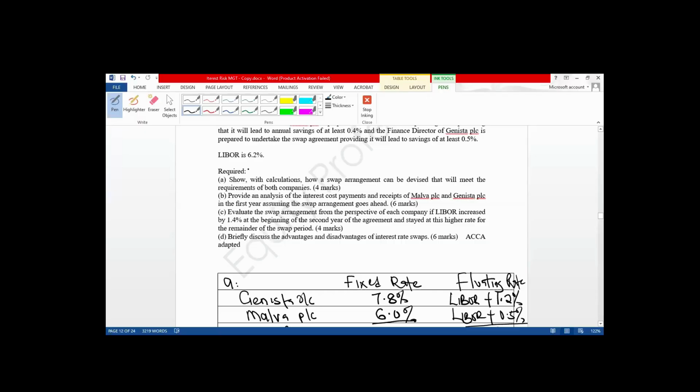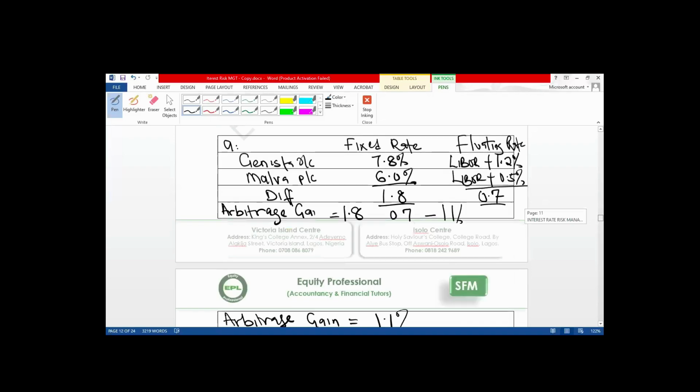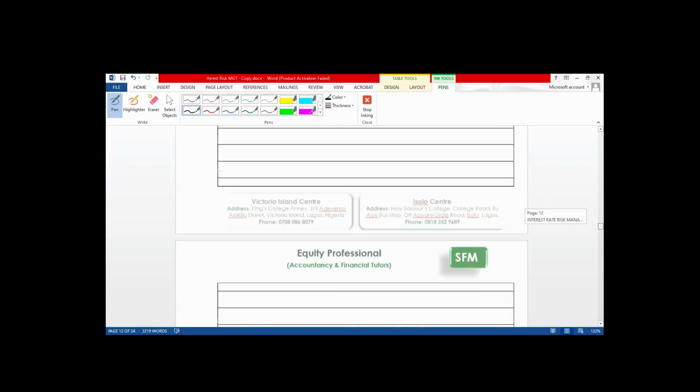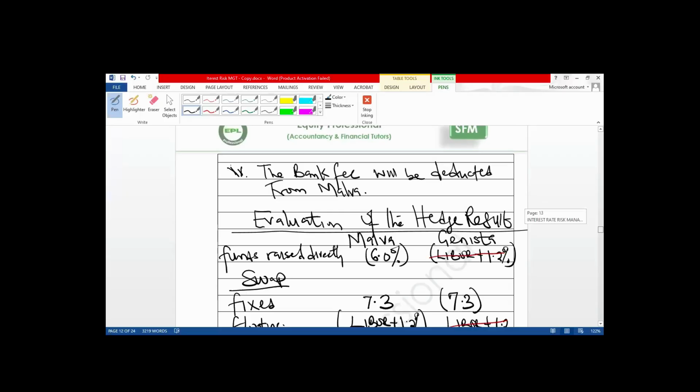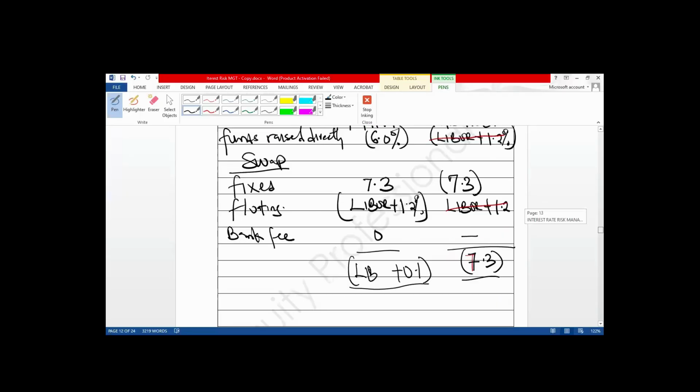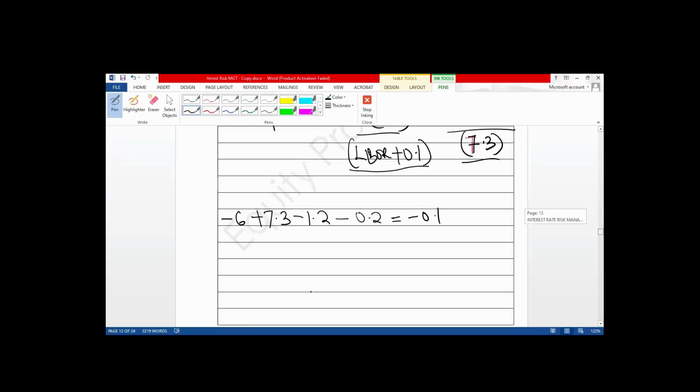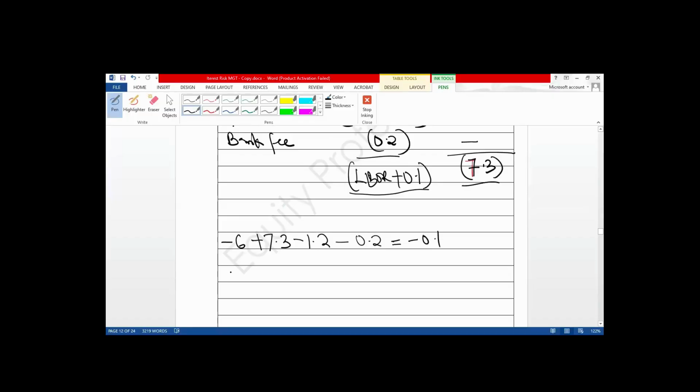Now look at LIBOR currently, 6.2. Second year. That means if I come here, you take the two borrowing costs for C.